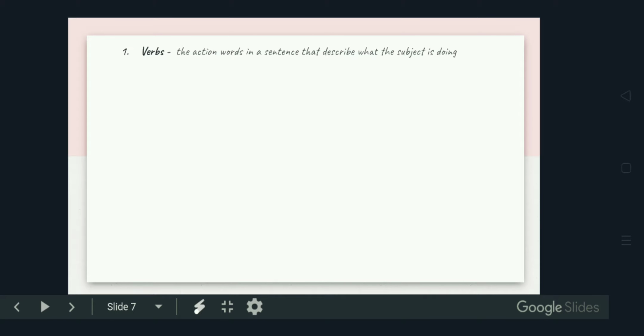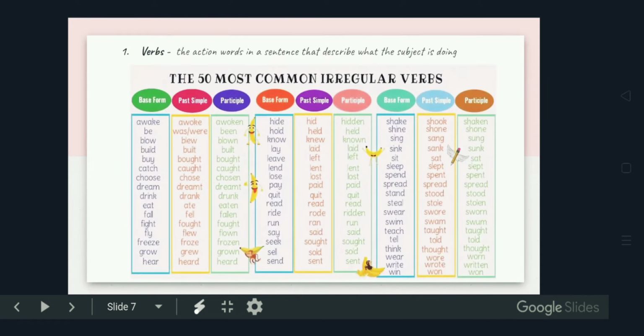Next one, the verbs, which are the action words in a sentence that describe what a subject is doing. You have regular verbs and you also have irregular verbs. Okay, regular verbs is quite easy. You know that you can simply just add s, or when it comes to past tense, you simply add ed to it.